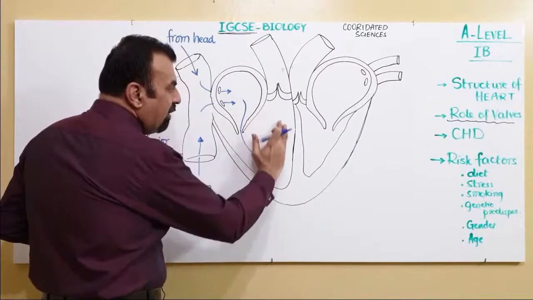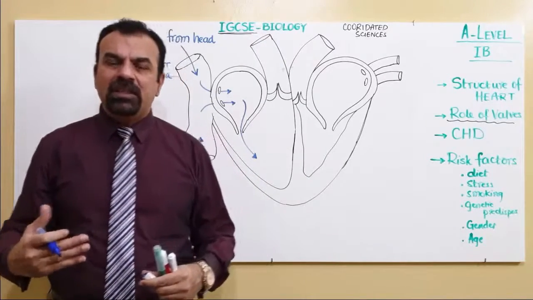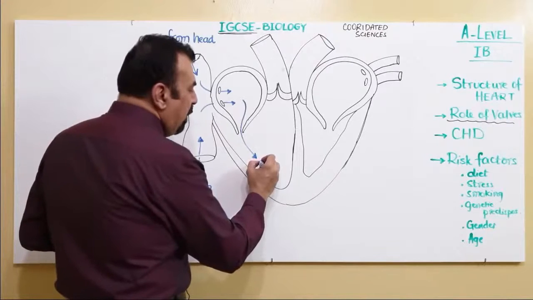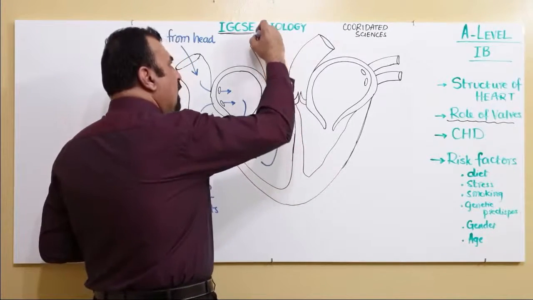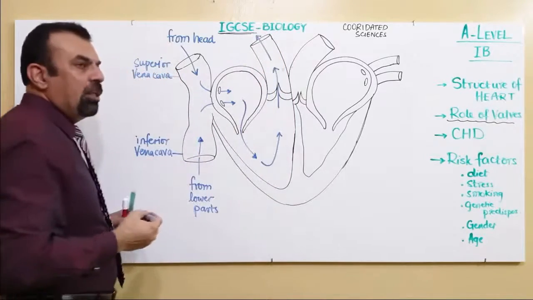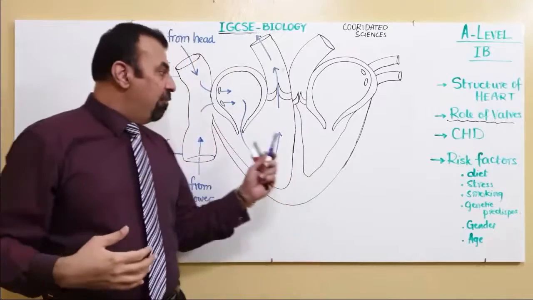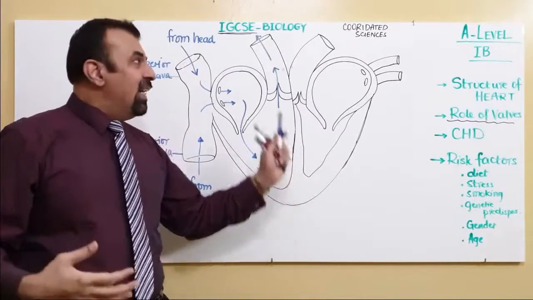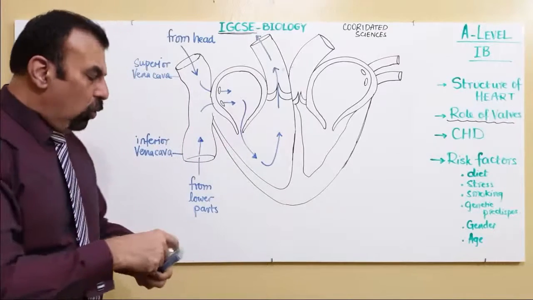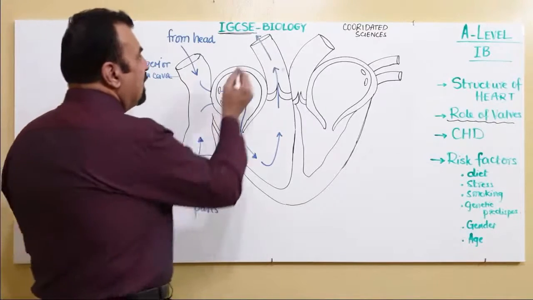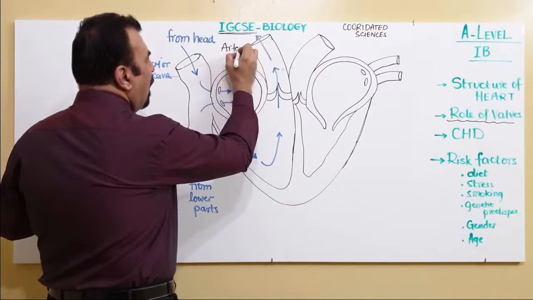And then once the right ventricle contracts, after a short delay of about 0.3 seconds, this blood is pushed into this blood vessel. We already have said that the chamber of the heart which is taking blood away from the heart is the ventricle, these two ventricles, and they are connected to arteries. So this blood vessel is an artery. And which artery is that?